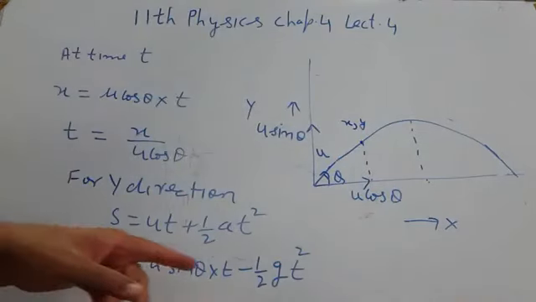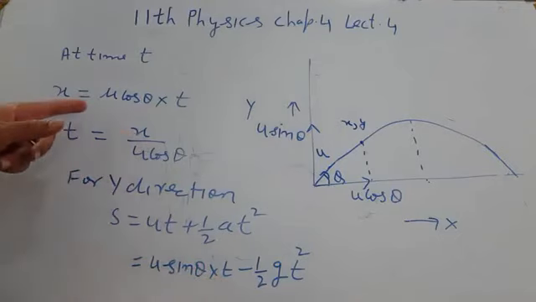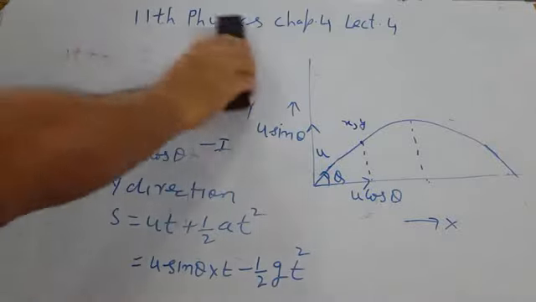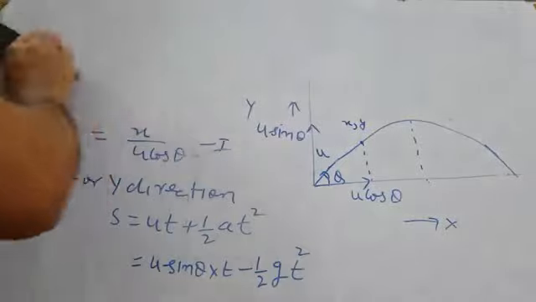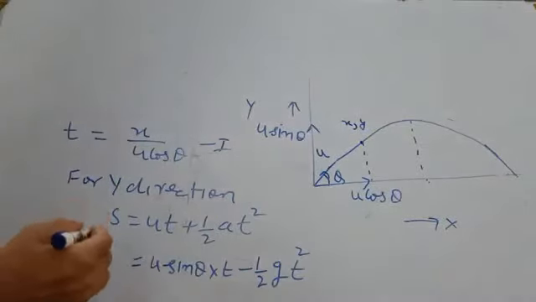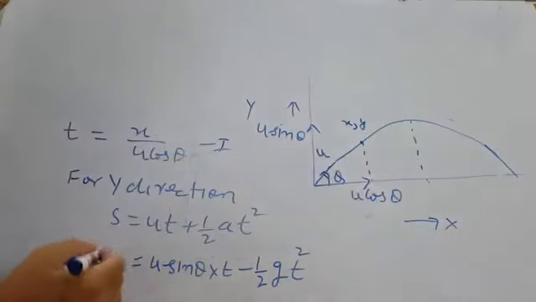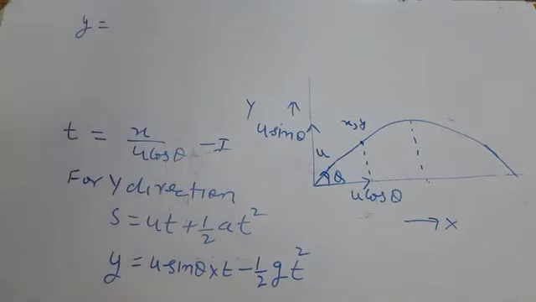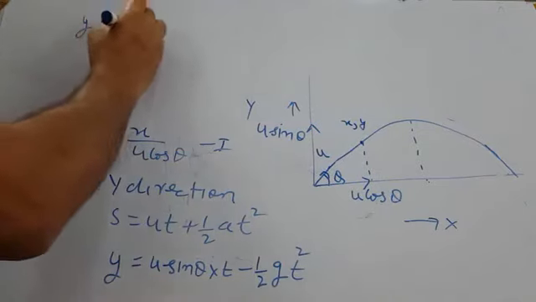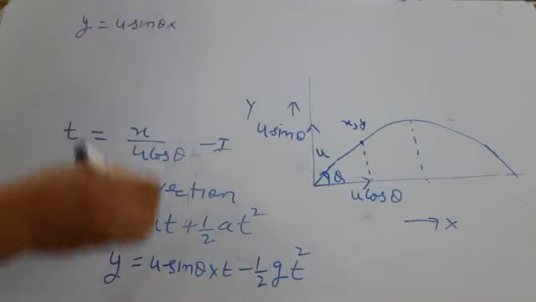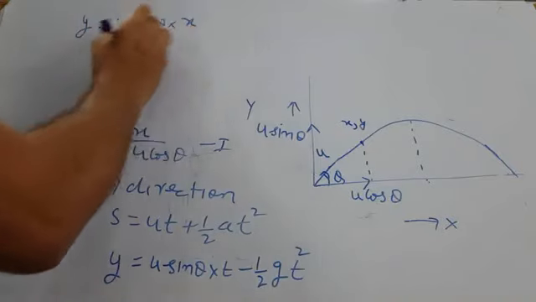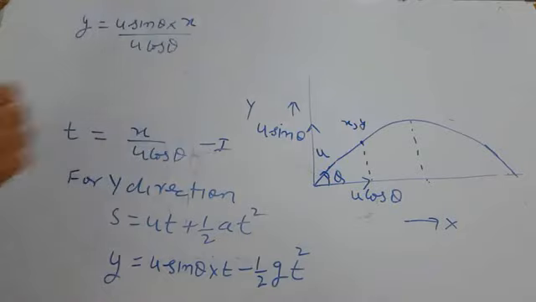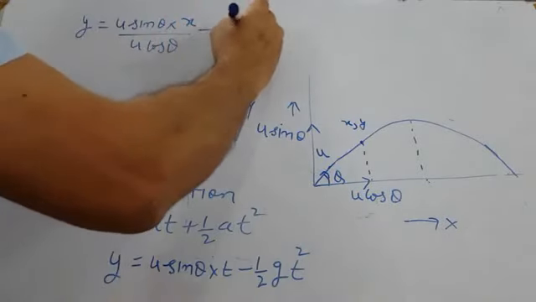Now we will substitute the value of time in this equation from our first equation. That was our first equation. So from this equation we will substitute the value of time. Along y-axis, that distance was y, so y will be u sin theta into time, which is x by u cos theta, minus half g t square.